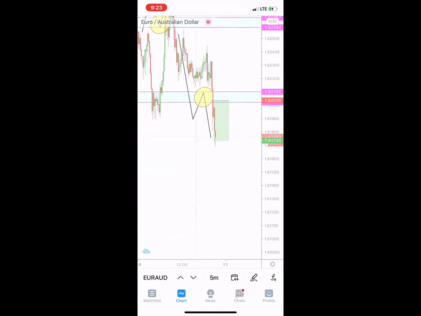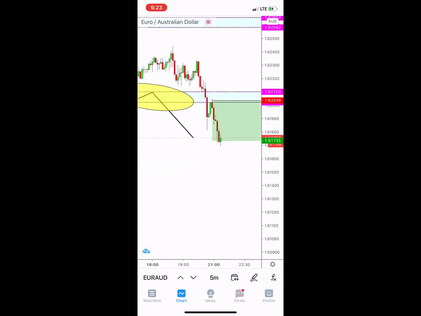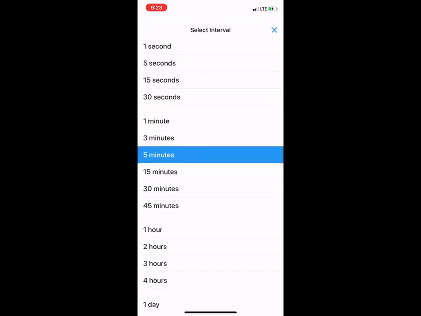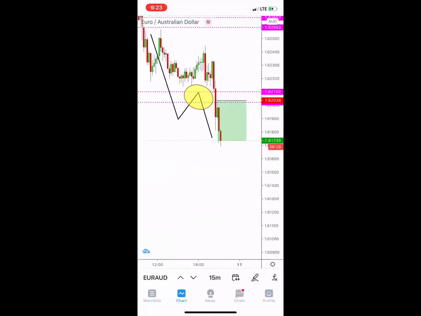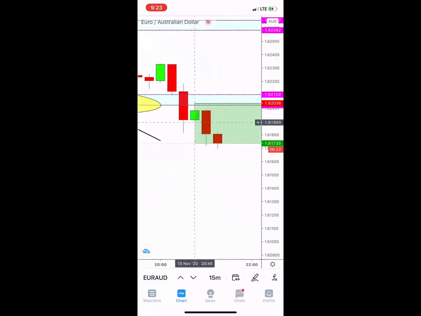I know people that take it in the middle of the candle printing, because if you think about it, the 15-minute candle has 3 5-minute candles within that candle, if that makes sense. So if you look at the 15-minute candle, this green candle right here, in that candle has 3 5-minute candles.